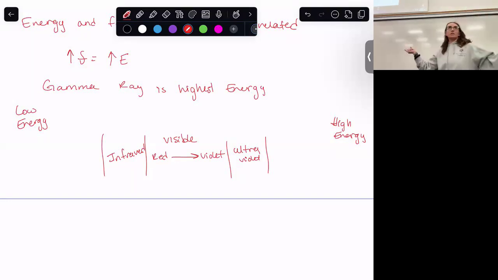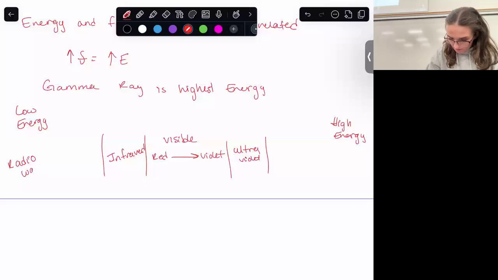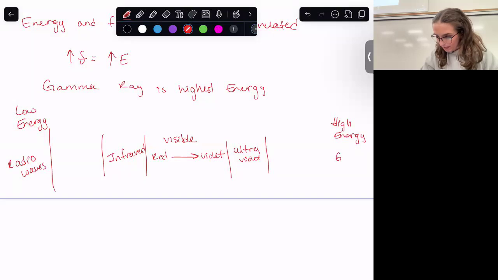Okay, I then fill in my outsides. I always remember what my lowest and highest energy waves are. Your lowest, we said, was your radio waves. And the highest, we said, was our gamma rays.